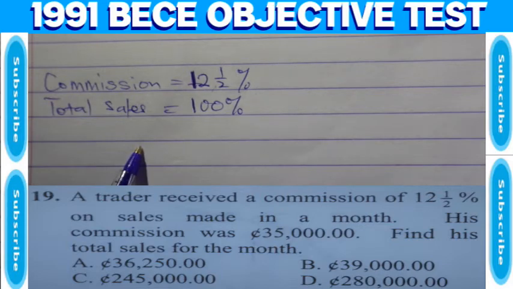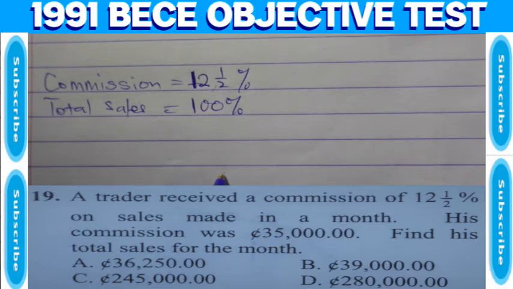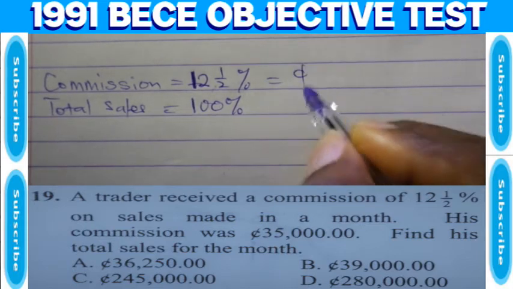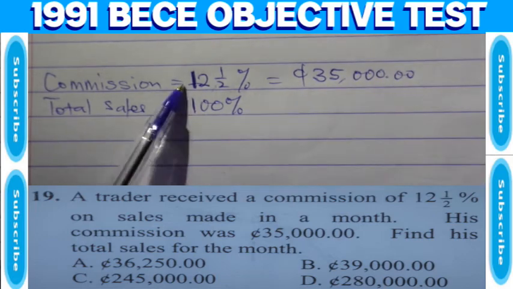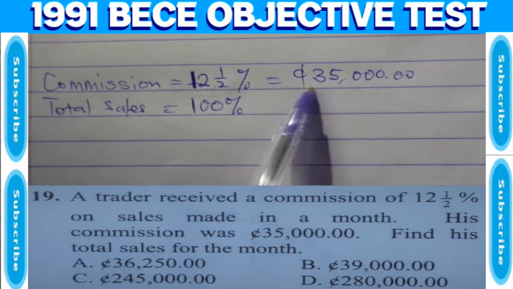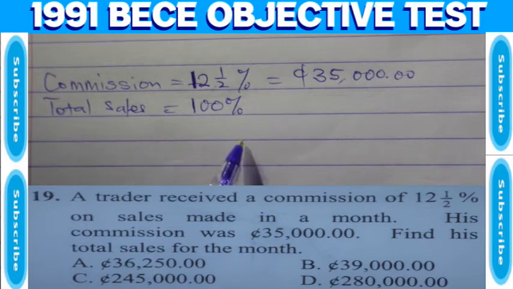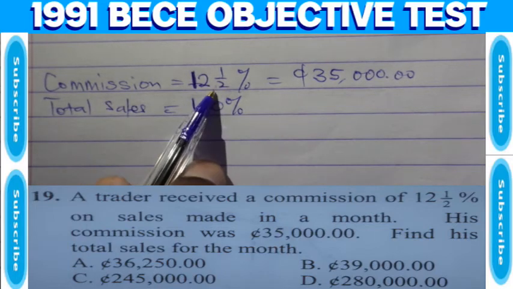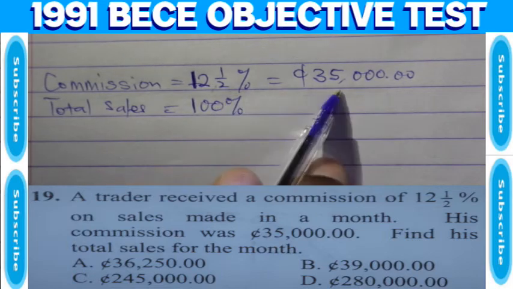So this is what it means: the percentage of the commission is equal to the commission in monetary terms, that is the 35,000 cedis. So the 12.5% is equal to the 35,000 cedis given as the commission.